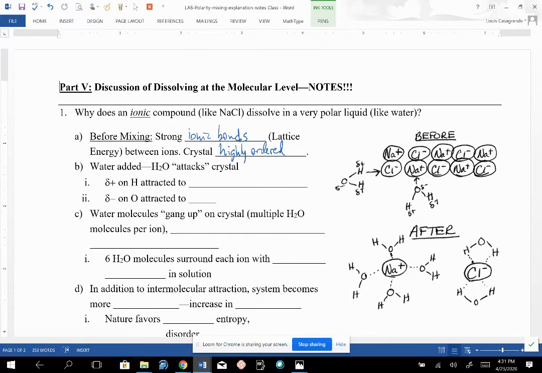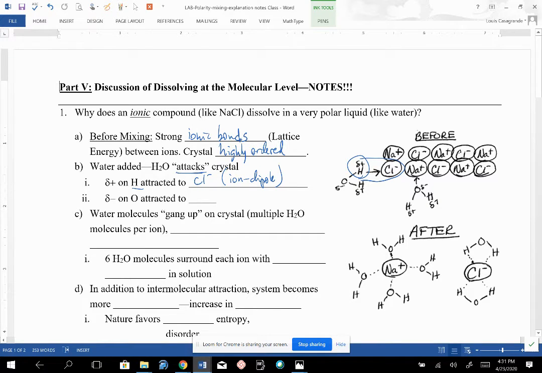Now, when you put it together with water, the water actually is going to attack the crystal, and here's how that happens. The hydrogen atom on the water has a partial positive charge. That positive charge is attracted to the chloride ions, and if you get enough of them together, it's going to be attracted to the chloride ion, and this is called an ion-dipole attraction.